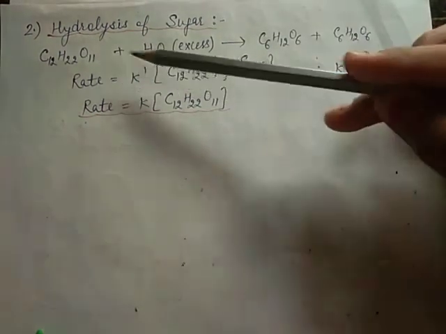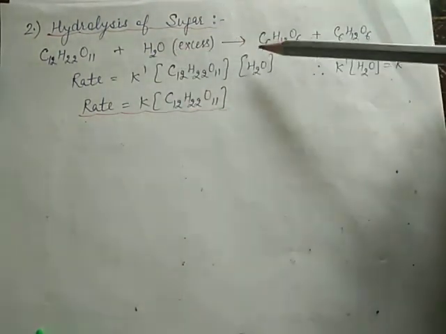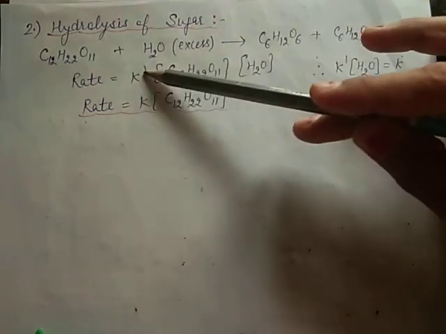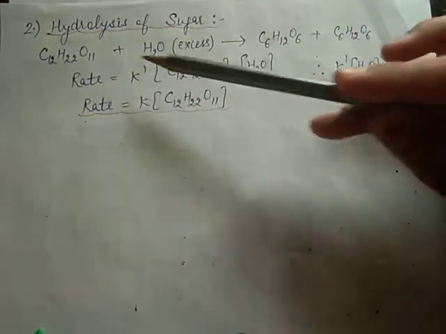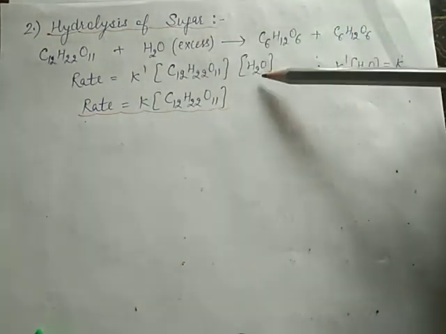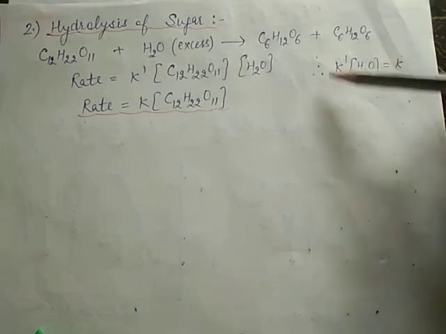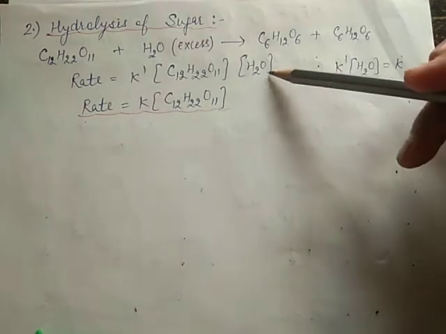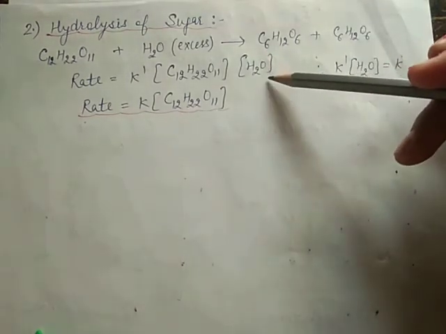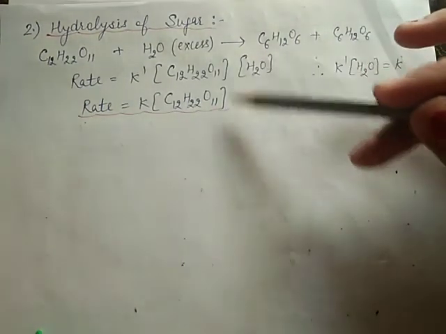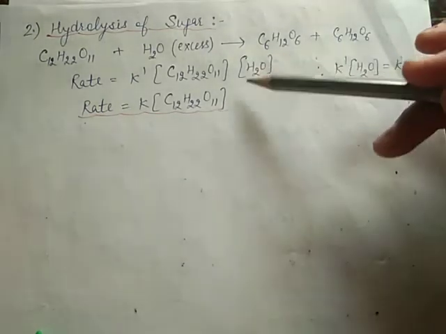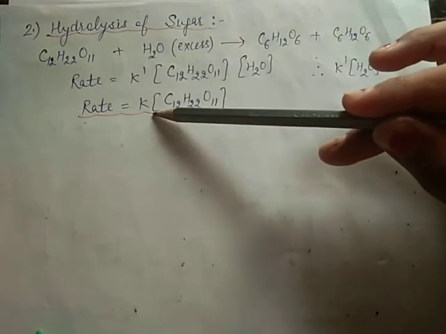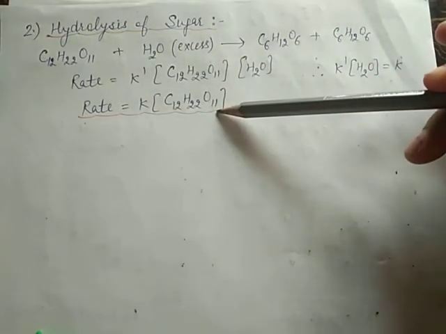The rate is equal to K dash times the concentration of sucrose and water. So K dash times water is equal to K, a constant. The concentration of water remains almost constant till the end of the reaction because water is taken in excess. So the rate is equal to K into the concentration of sucrose.